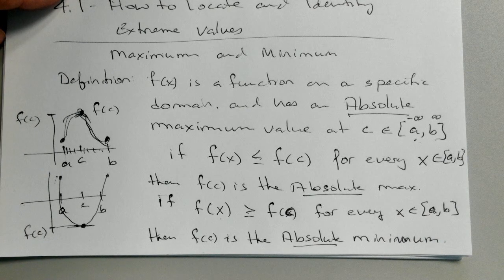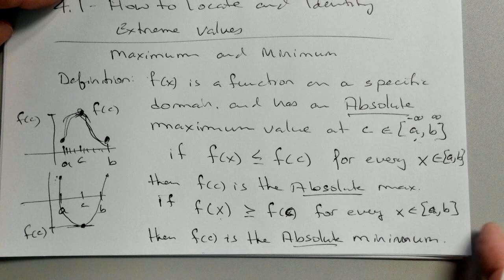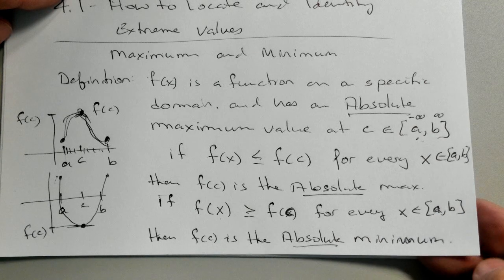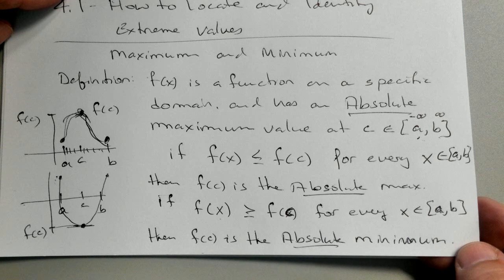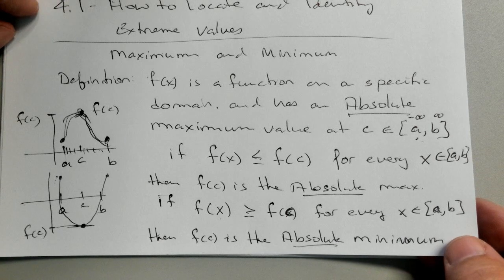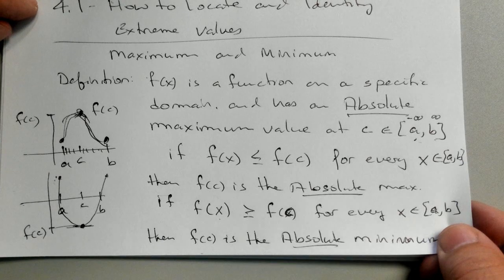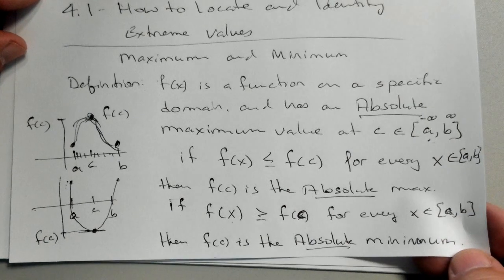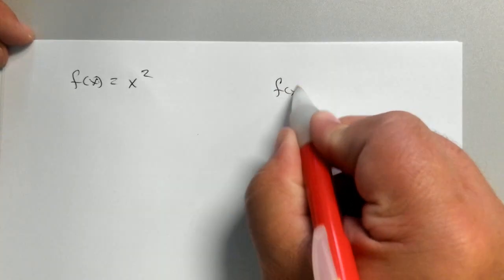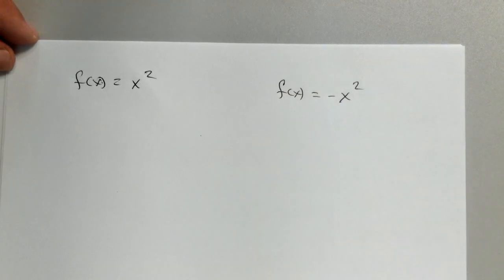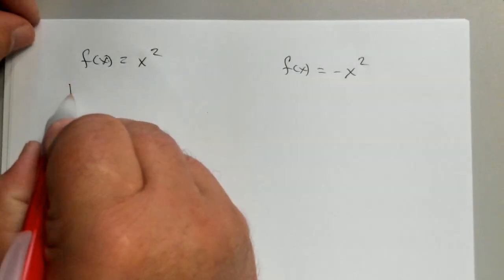The function x squared is a perfect example. The functions f of x equals x squared and f of x equals negative x squared are perfect examples. What are the domains of both of these?